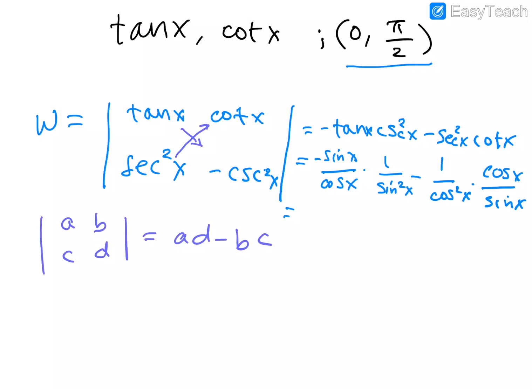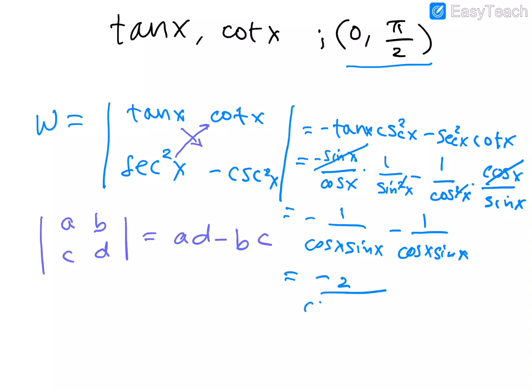Here, one sine will cancel out with one of these sines, and one of these cosines will cancel there. So what we'll get is negative 1 over cosine x times sine x minus 1 over cosine x sine x, which then gives us negative 2 over cosine x sine x.